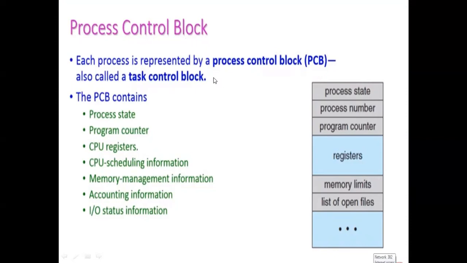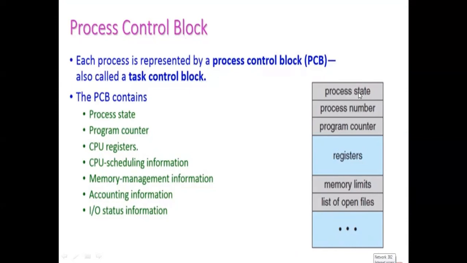Each process is represented by the process control block, that is PCB, which is also called task control block. This PCB structure contains the process state, that we have just seen, the 5 states of the process.